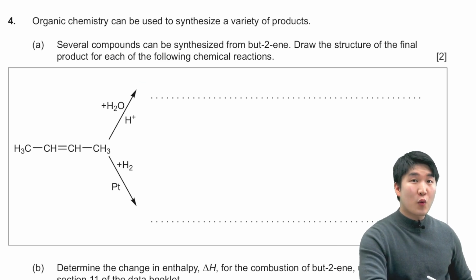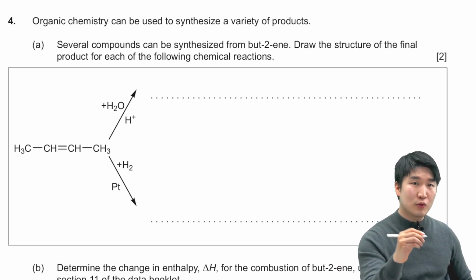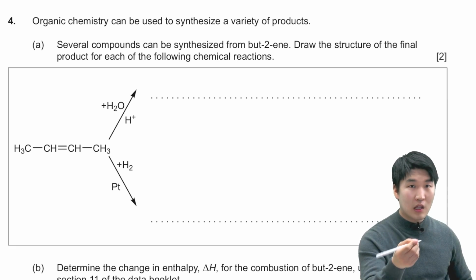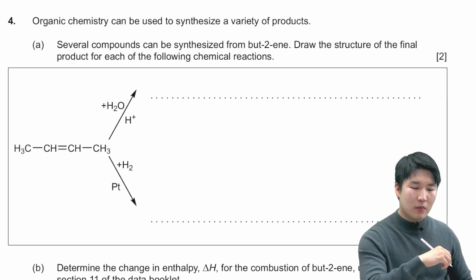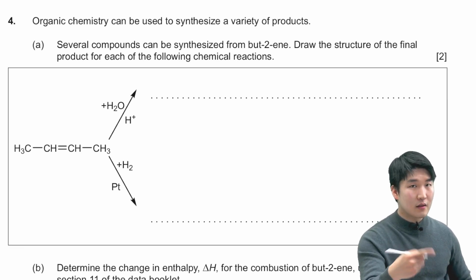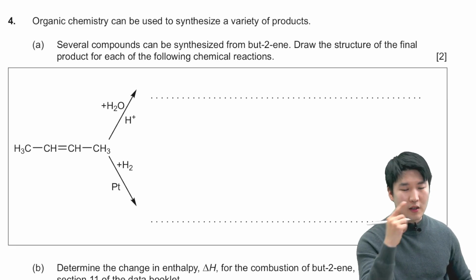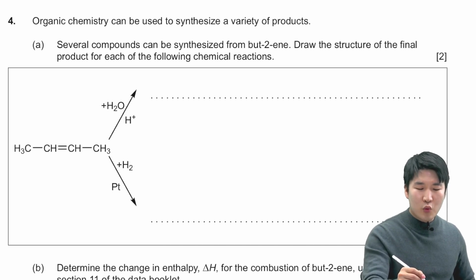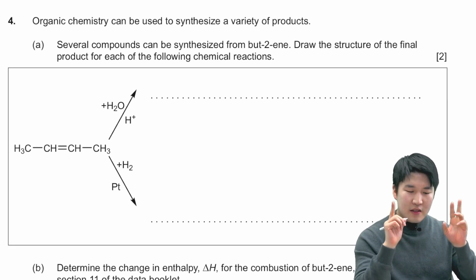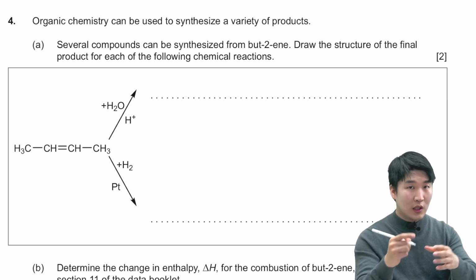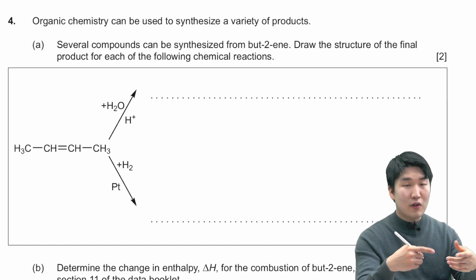Organic chemistry for question 4, where we start with but-2-ene, a symmetrical alkene that is undergoing electrophilic addition with 2 different electrophiles, starting from hydration, addition of water, with sulfuric acid as one of the conditions or reagents. And we will be ending up with an alcohol because H2O will be inserted into the but-2-ene molecule at the sacrifice of the double bond.